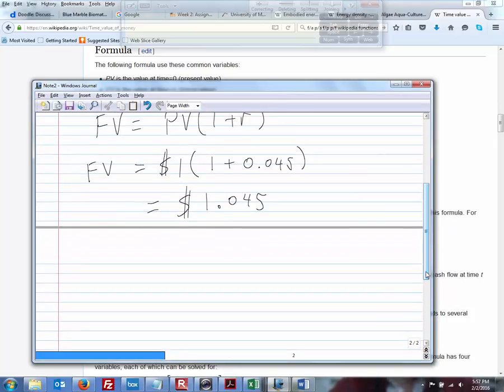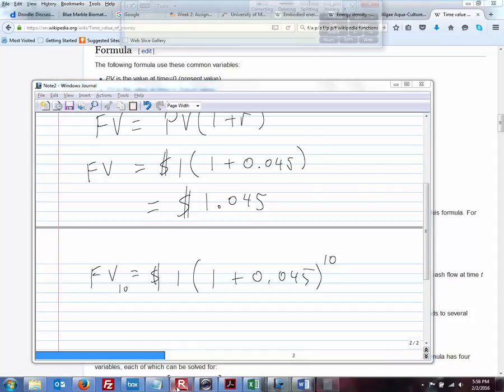So let's just do it one more time by hand. The future value equals $1 times 1 plus 0.045, and let's take that to the 10th power, again for 10 years. Now, I don't know how good my calculator is, this little rinky-dink calculator on my computer.